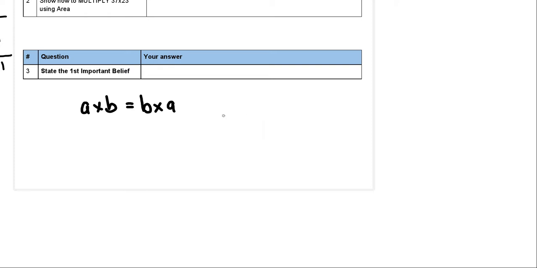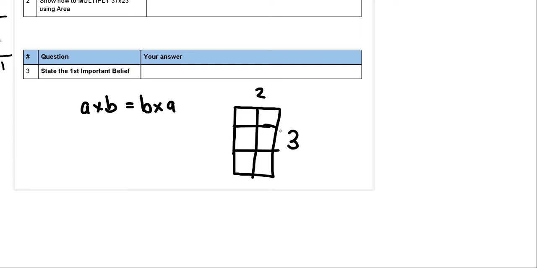So if you go, for instance, I believe this is what's coming up next. 2 columns, so 2 by 3 rows. 2 times 3 equals 3 times 2. Okay, so it doesn't really matter if you do this way, then that way, or you could look at it as 3 rows of 2 or 2 columns of 3.